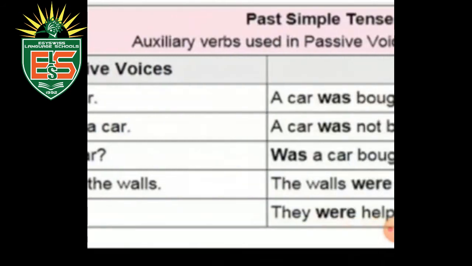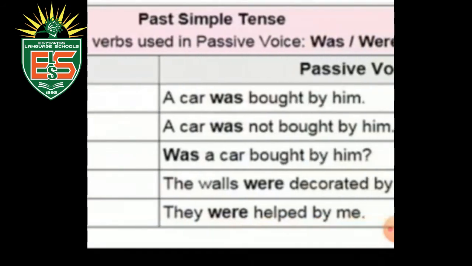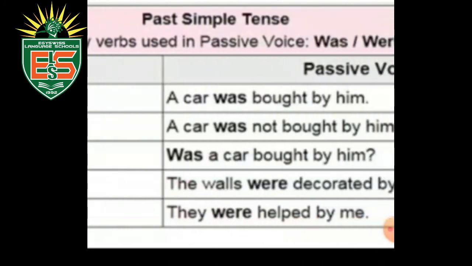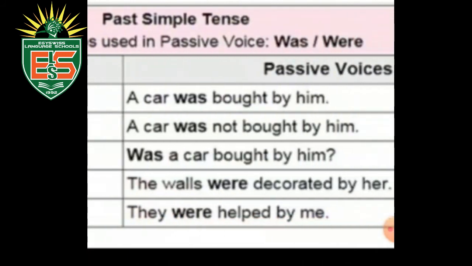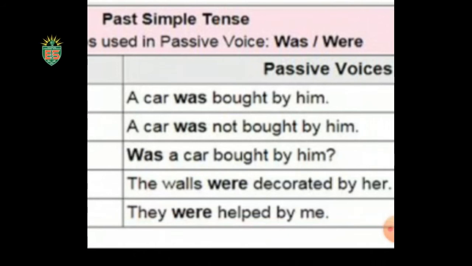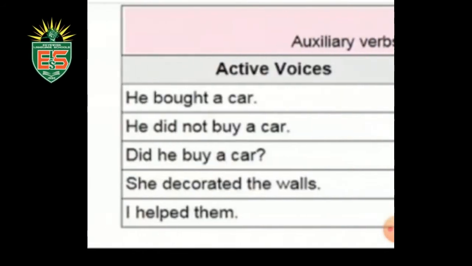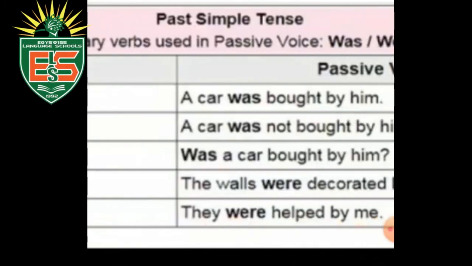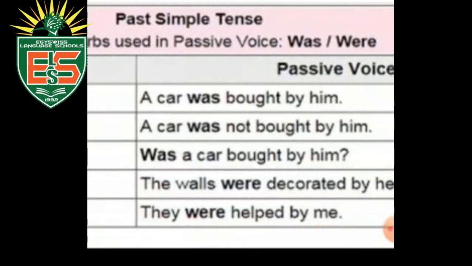Was a car bought by him? She decorated the walls. It's going to be the walls were decorated by her. In the last one, I helped them. It's going to be they were helped by me.